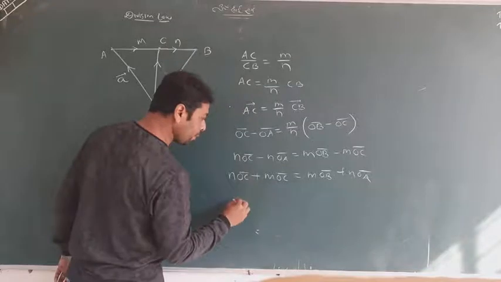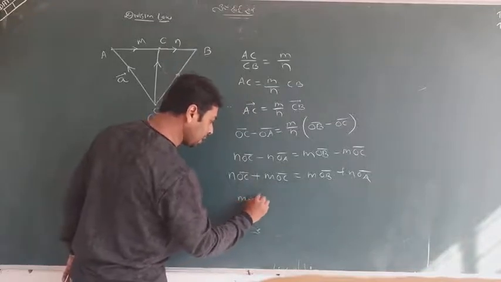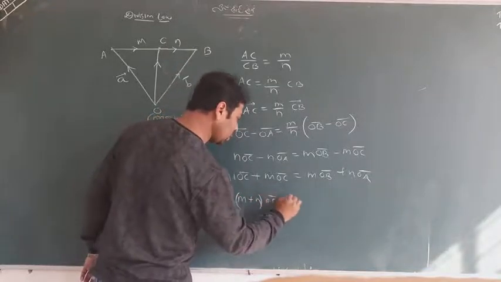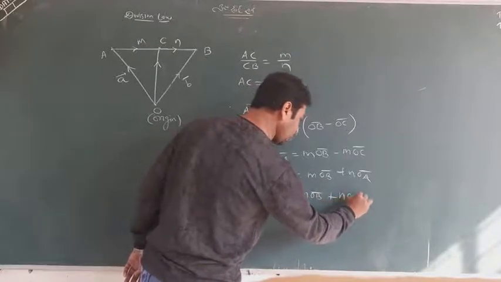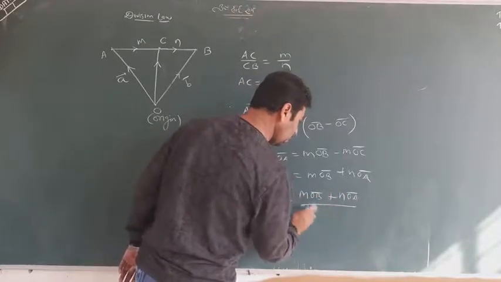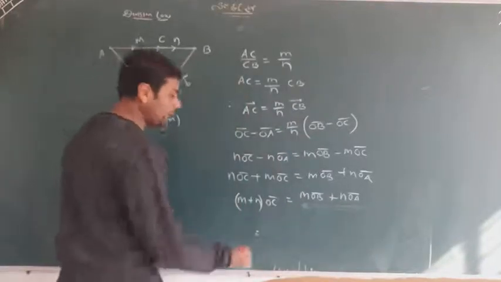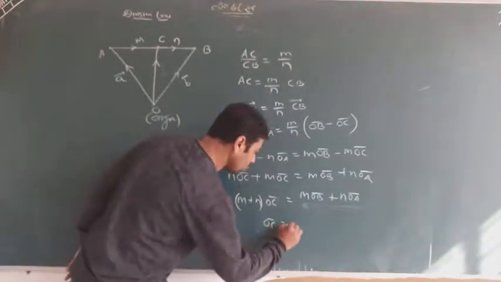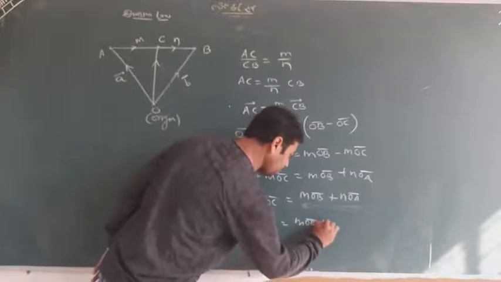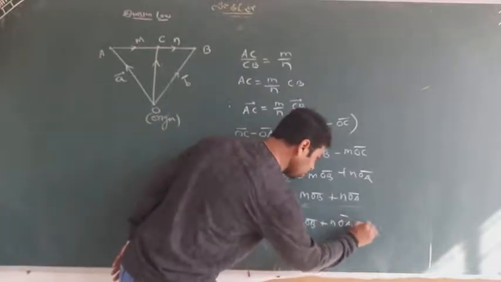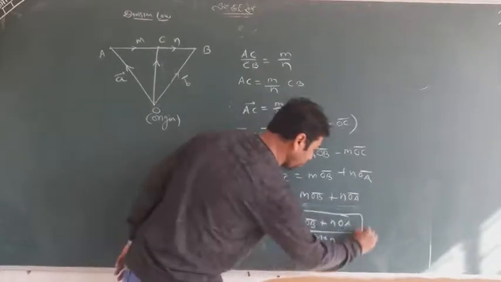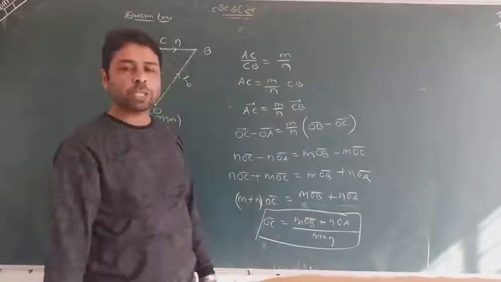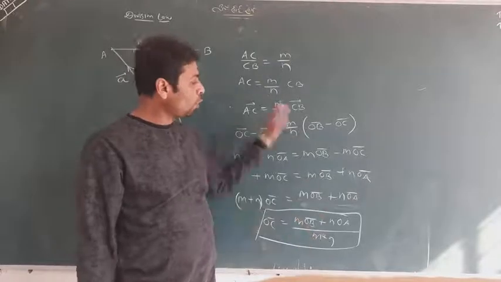Now I will take OC common, so m plus n times OC equals m OB plus n OA. Now you want to find OC, so this will be m OB plus n OA upon m plus n. Whatever you obtain at the end is none else but the position vector of C. This was all the derivation.